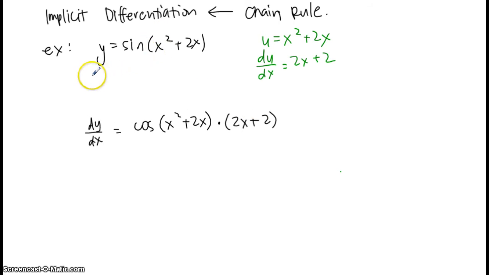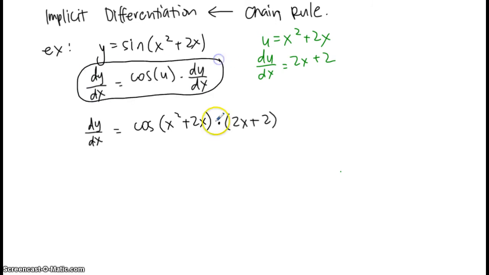Now what does that look like? Well, I'm taking that dy/dx, the derivative of y with respect to x, and it's going to equal the derivative of cosine of u, right, because this was just u and everything on the inside stayed the same, times du/dx, the derivative of that inside. Now this is the form that we are going to stop at in terms of implicit differentiation.